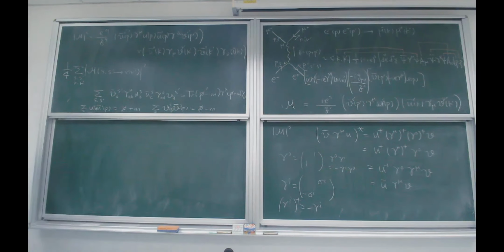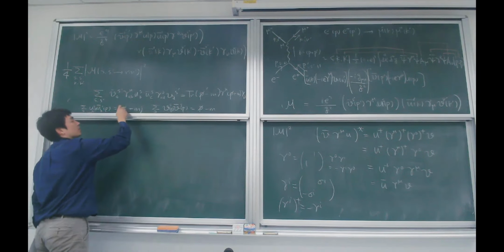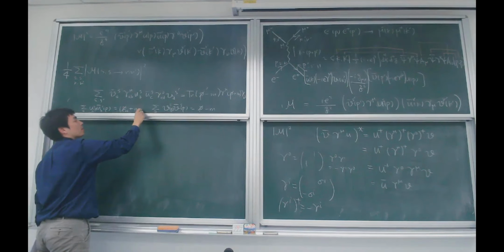So that's what we have. Essentially, the indices here are: if you have A and B, this is gamma mu AB and delta AB. That's what it means.